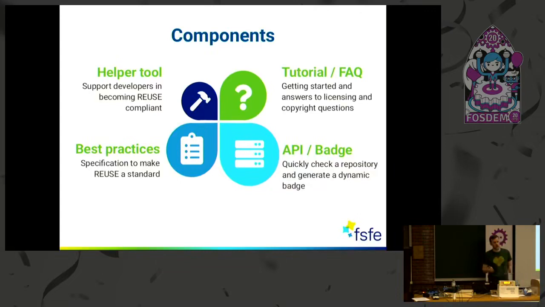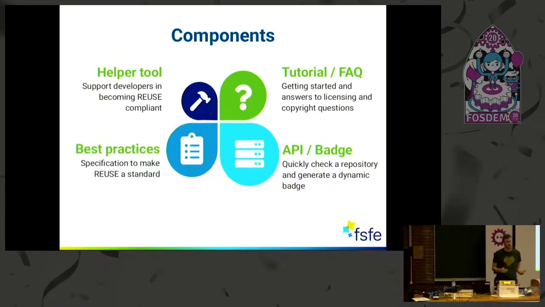So this is not only nice words on some website, but we have a formal specification of reuse. The idea is that this is not a small movement, but that we can make this a standard for every free software project out there. So there's a formal specification for SourceForges, for companies, also for projects that you can follow and that we constantly develop if we see need for that.